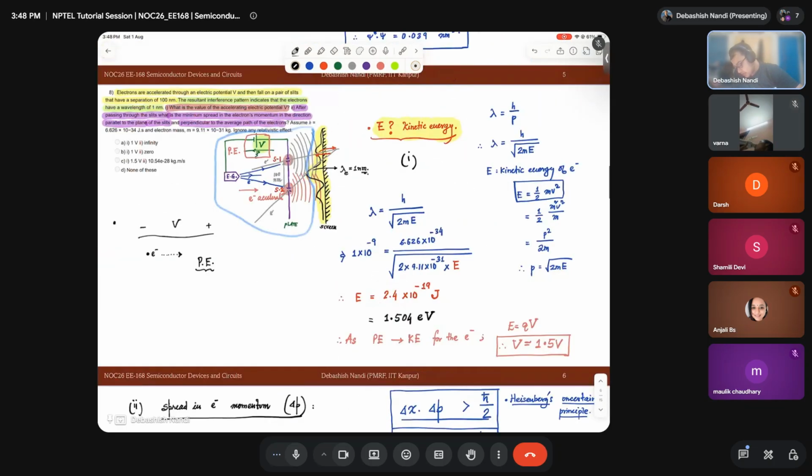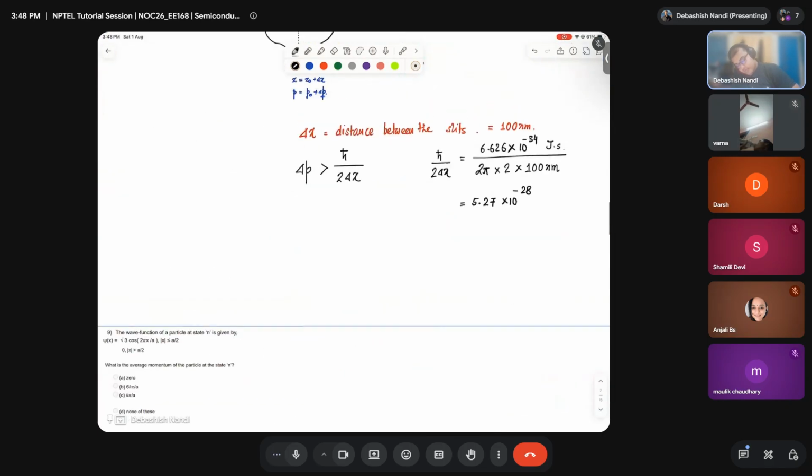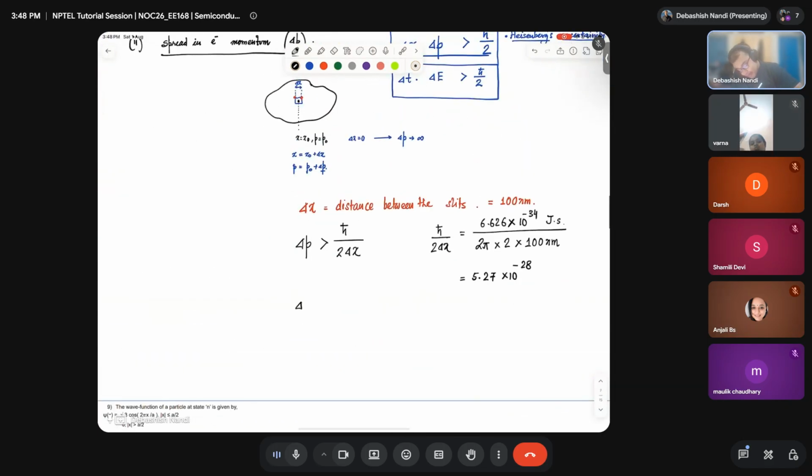Okay, so this delta P has to be greater than 5.27 into 10 raised to minus 28 kilogram meter per second. That is momentum, right? So this is one answer.